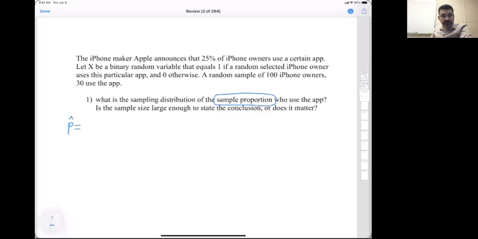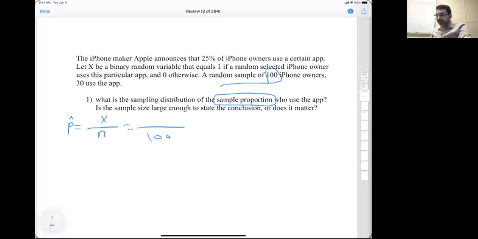P hat is equal to X divided by N. What is X? The number of successes. What is N? The number of trials or the sample size. From the scenario here, we have a random sample of 100. So this is N.